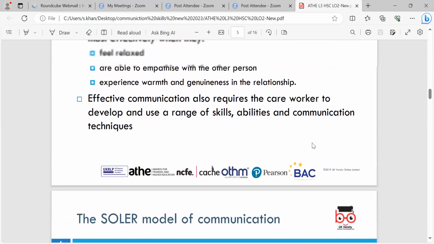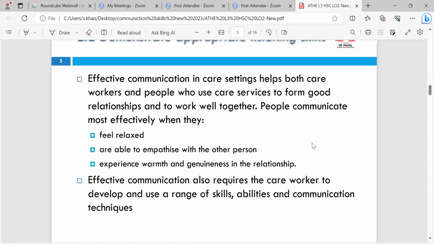Effective communication also requires the care worker to develop and use a range of skills, abilities, and communication techniques. Listening is the key to all effective communication. Without the ability to listen effectively, messages are easily misunderstood. As a result, communication breaks down, and the sender of the message can easily become frustrated or irritated.